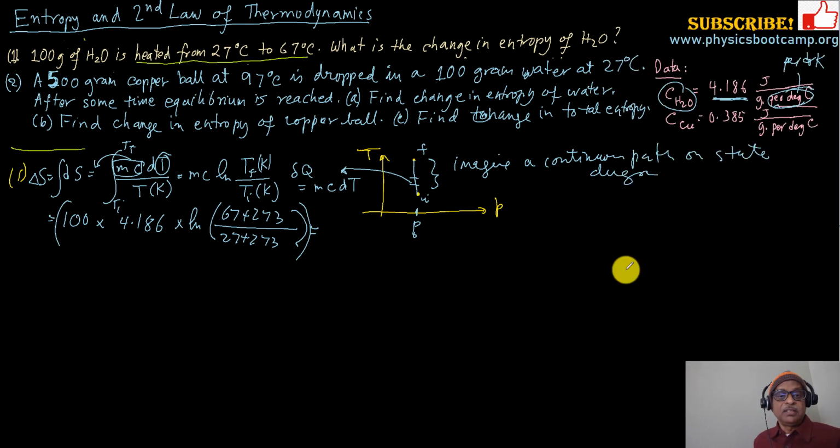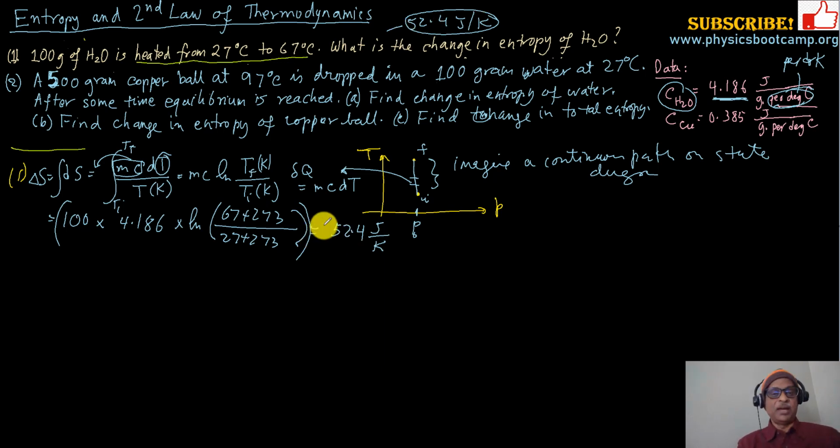So we get 52.4 joule per Kelvin. Okay, so the answer for this is 52.4 joule per Kelvin. Okay, I think that's correct.